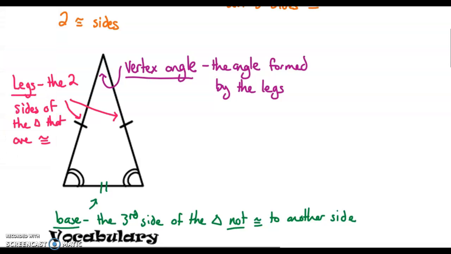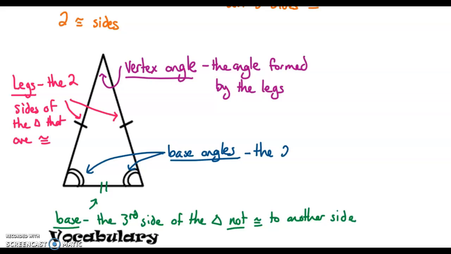And so last but not least are these two angles right here. They are congruent, okay? They're always going to be in an isosceles triangle, two congruent sides and two congruent angles. These are called the base angles. And they're congruent, and they are formed by a leg and the base.